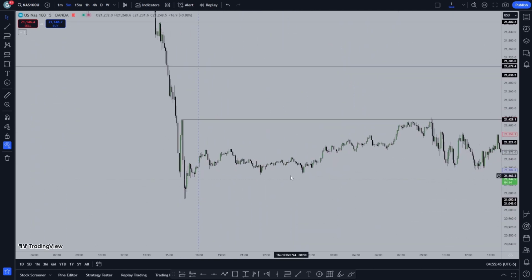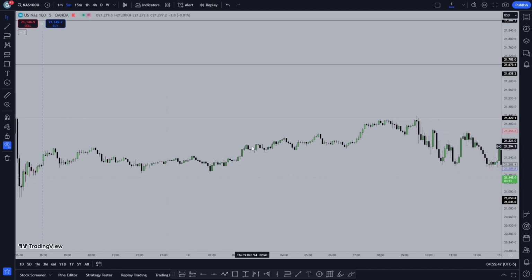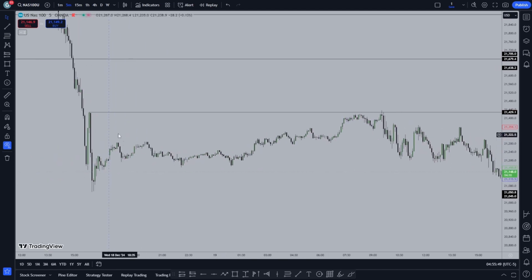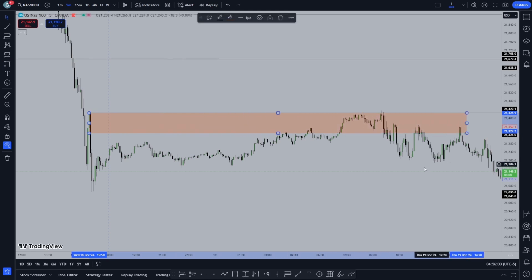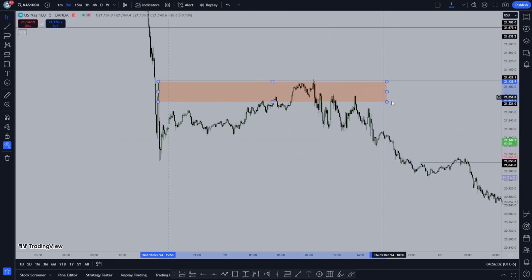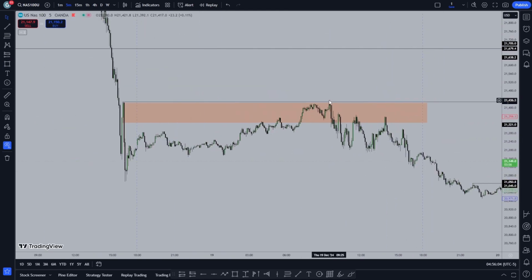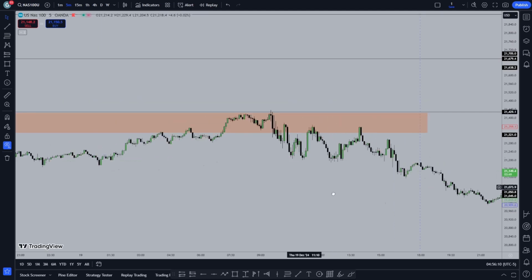Okay, now look over here. What will a normal average trader think about this candle? He will think that this is a supply zone, a really good supply zone, right? And what happens? Look at this wick over here. Small wick. Should zoom in a little bit.